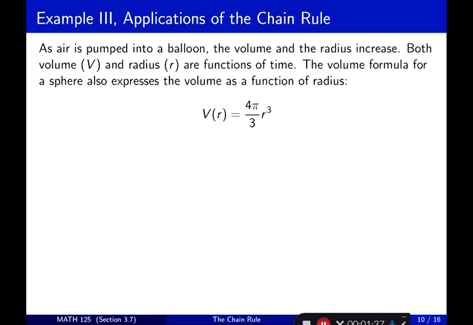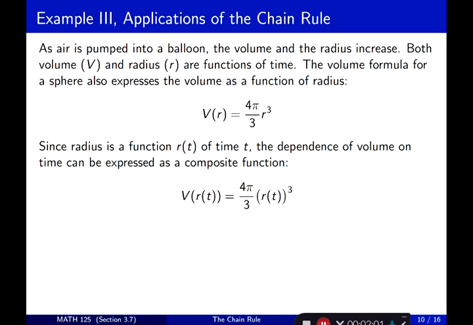R. 4 pi over 3, by the way, remember, is a constant coefficient. And so we write it as V of R, but we know that V is a function of t and R is a function of t as well.